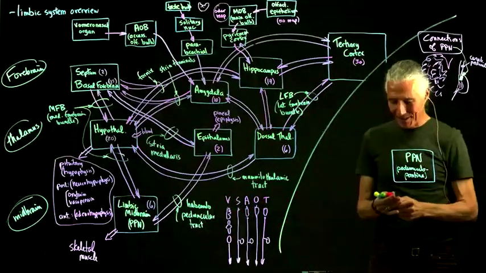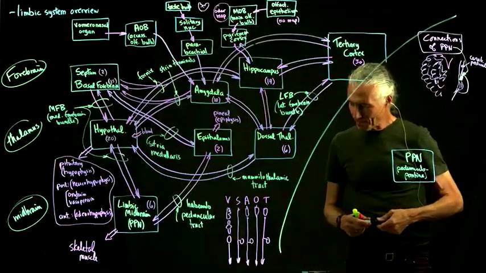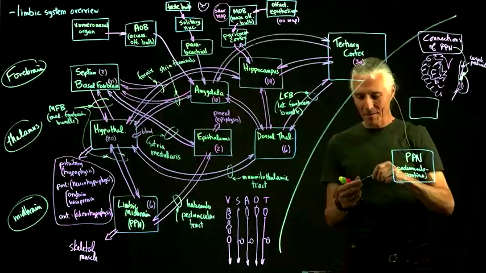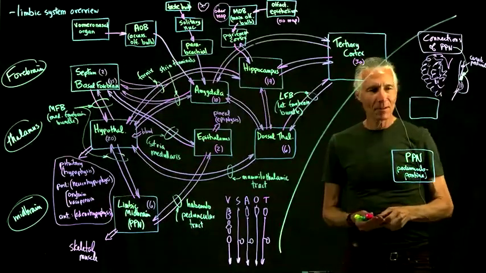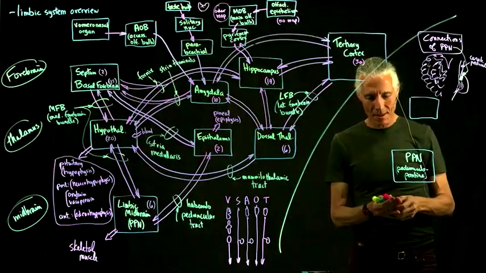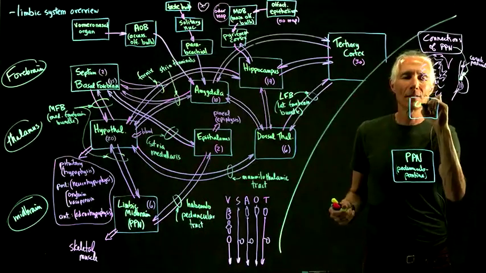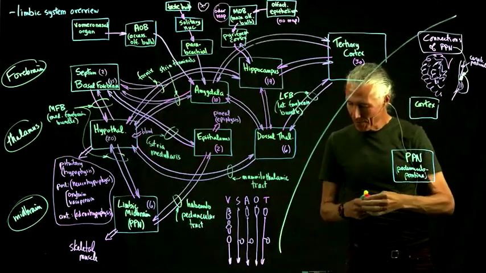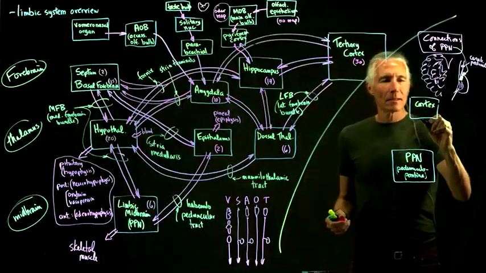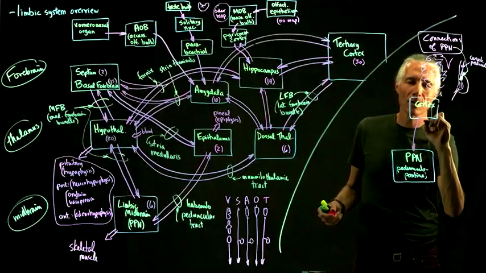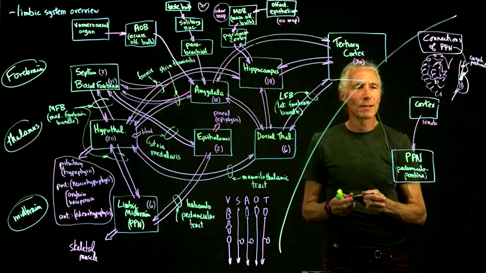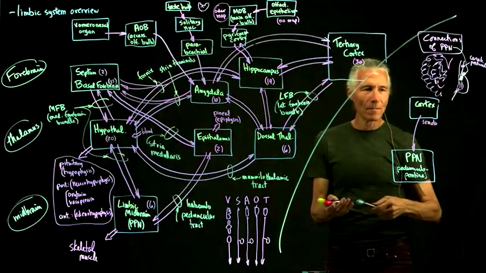And so what's connected up to it? Well, it gets a bunch of cortical input. Why not? I didn't realize that. A whole bunch of cortical areas project down to it. It tends to focus on somatosensory cortical areas, but it gets some visual and auditory input as well.